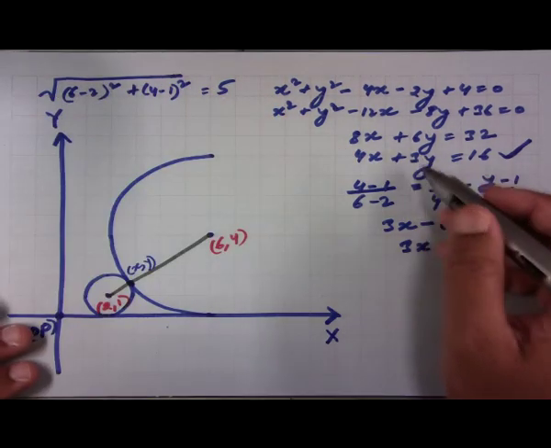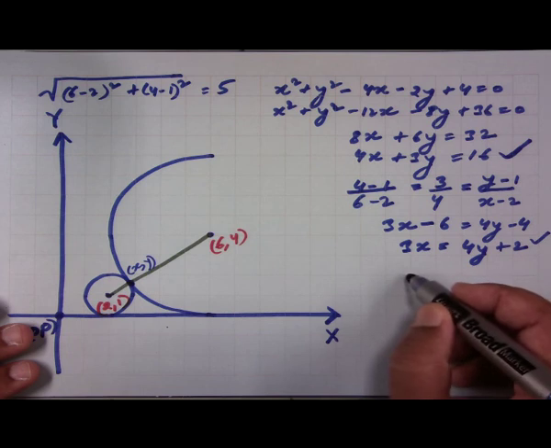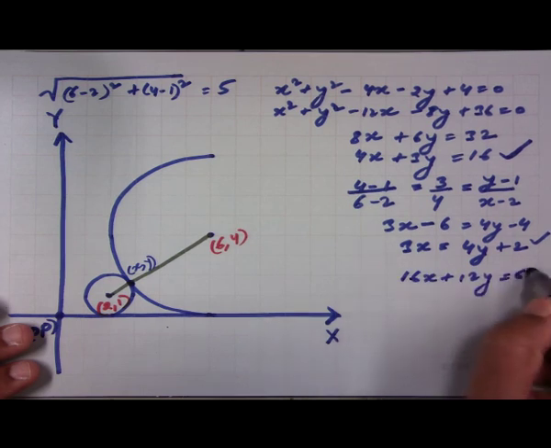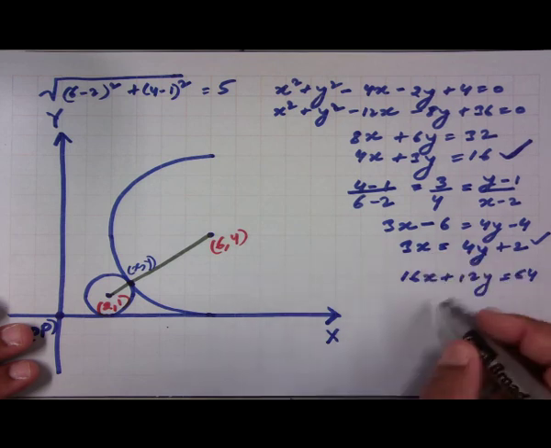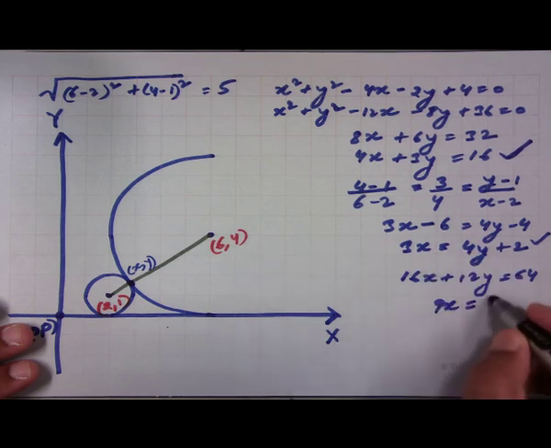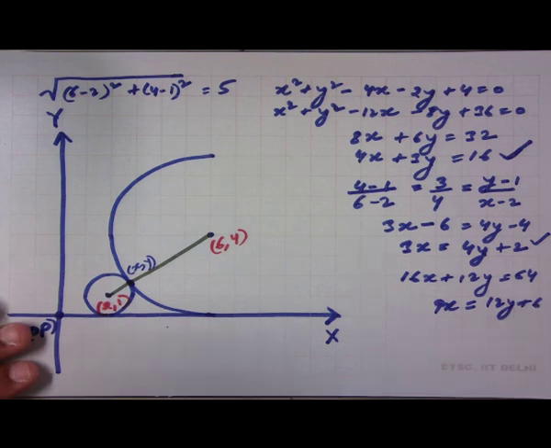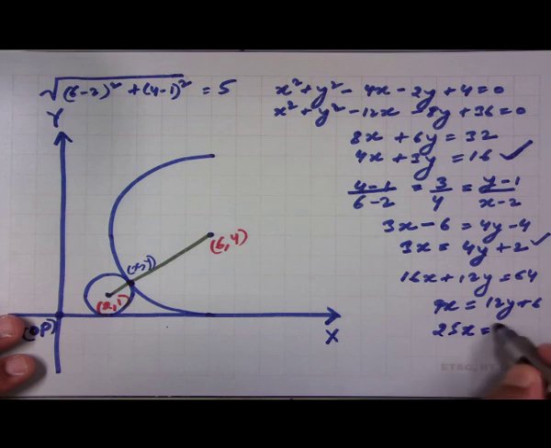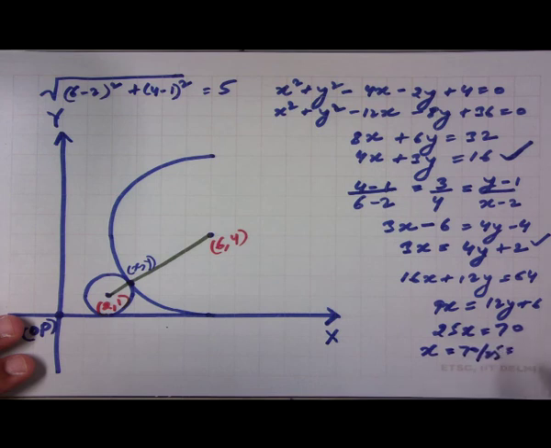We can multiply this equation by 4, and this equation by 3, we get 9x is 12y plus 6, and then we add these two equations, we get 25x is 70, which means x is equal to 70 upon 25, which is the same as 14 by 5.